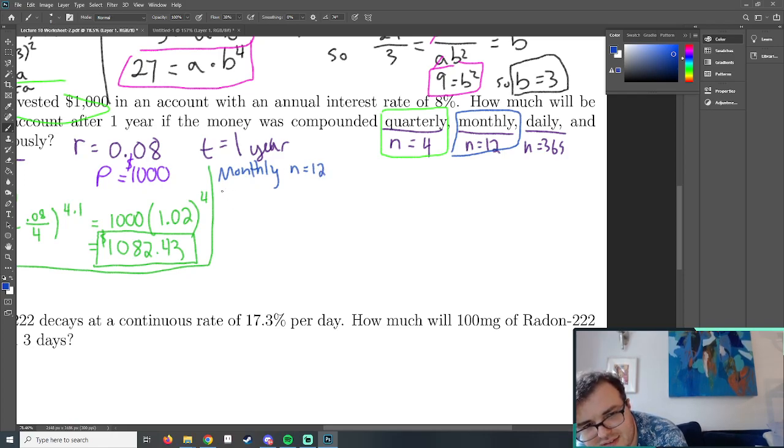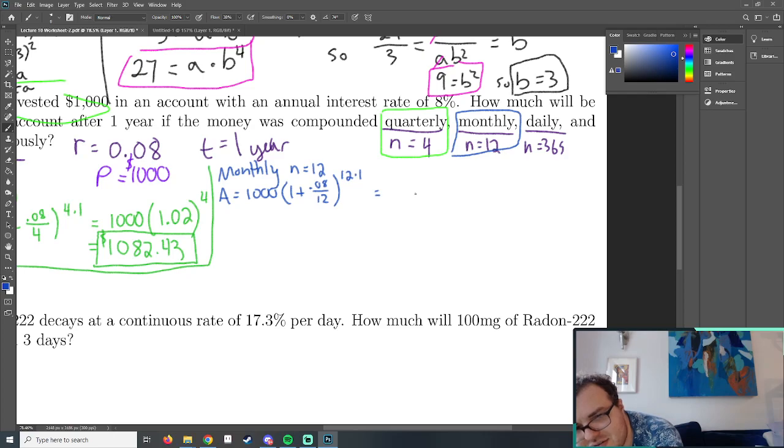So we still have our final accumulated amount is equal to our principal of 1,000 times 100% plus 0.08 divided by 12% now to the power of 12 times the 1 year. 0.08 divided by 12, what's that?